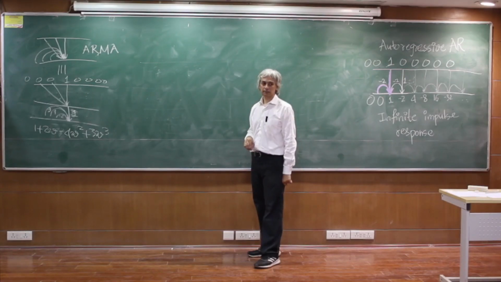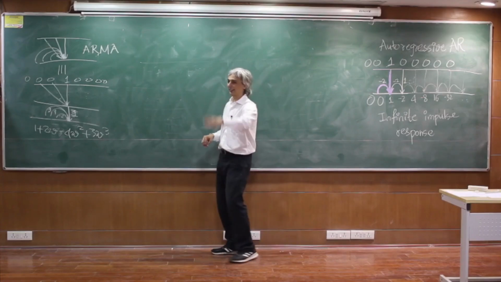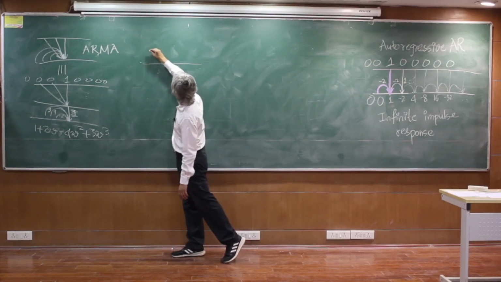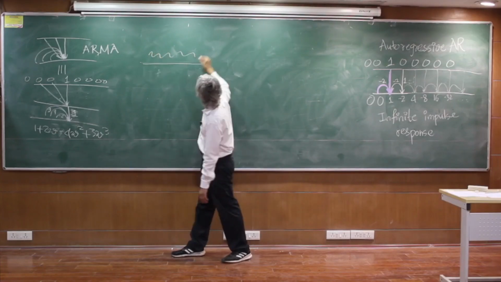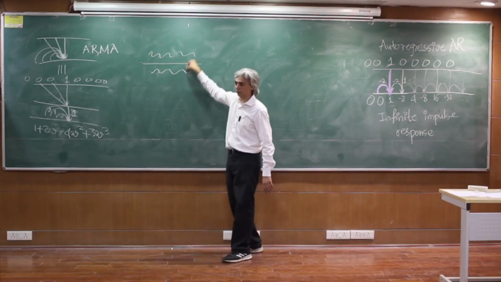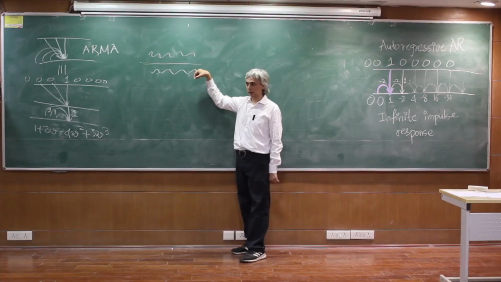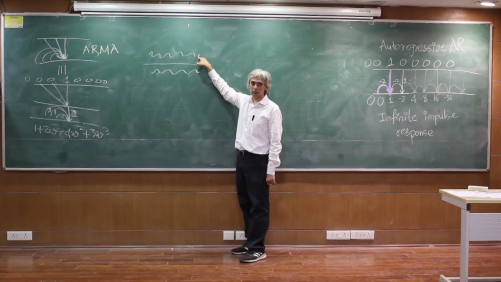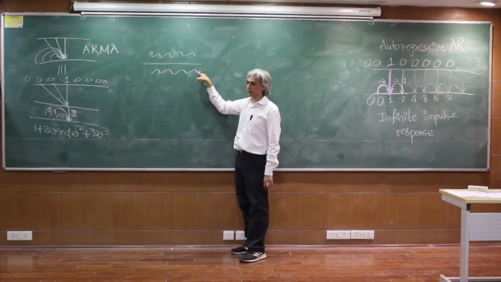So by the way, just because we are here, you have a numerator and a denominator of your function of an ARMA representation. The roots of the numerator are called the zeros and the roots of the denominator are called poles.